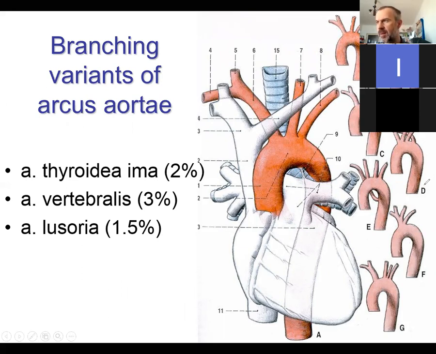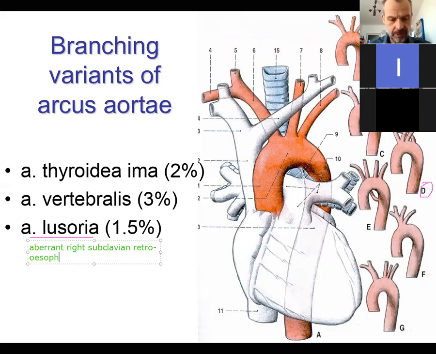One is this, which we call arteria lusoria, or in English it's sometimes called an aberrant right subclavian, usually retroesophageal artery. Yeah.